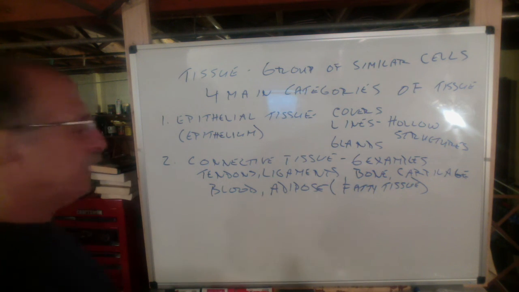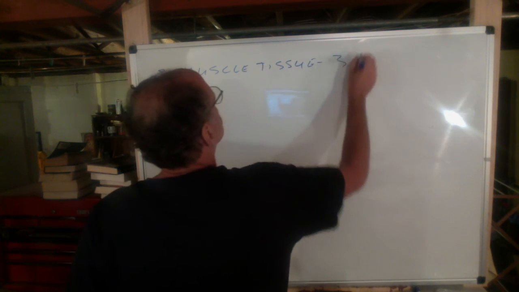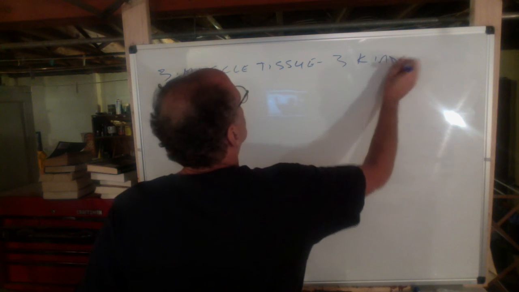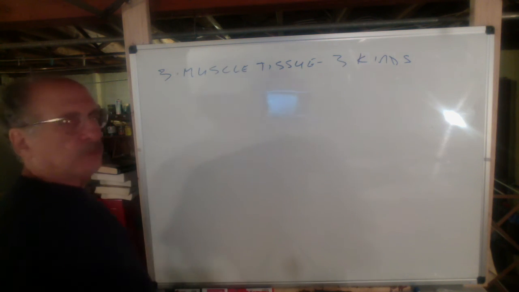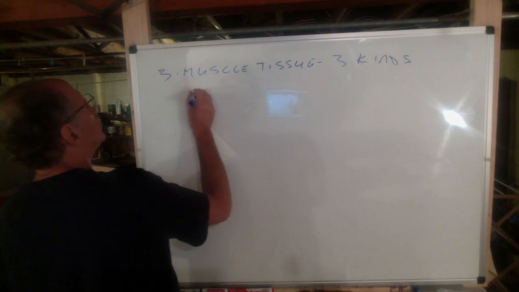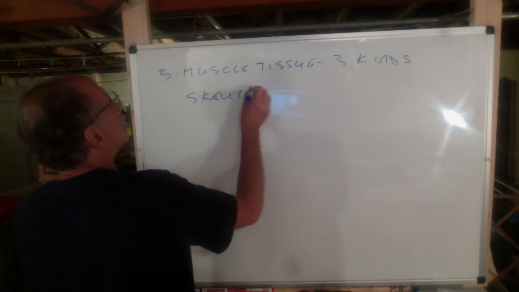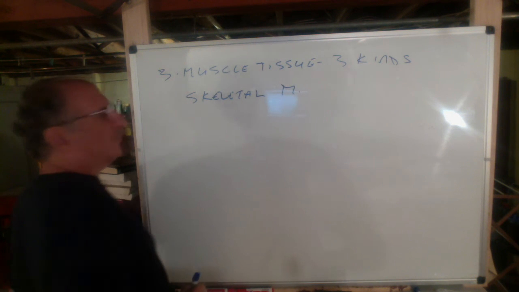Epithelial tissue, connective tissue, 3, muscle tissue. There's 3 kinds of muscle tissue. We'll spend quite a bit more time on this when we get up to the muscle unit. Skeletal muscle, skeletal, S for skeleton.